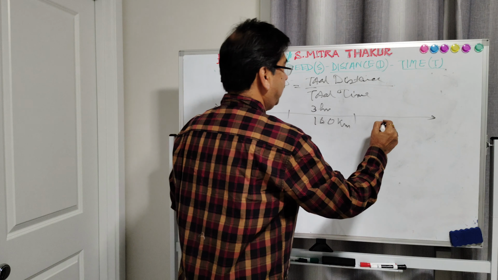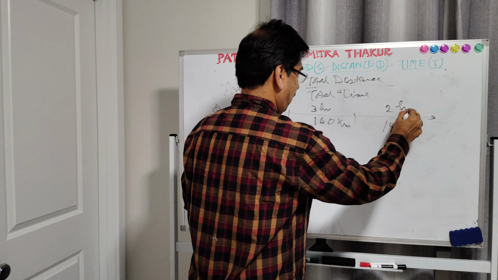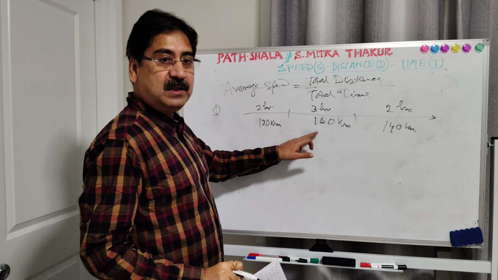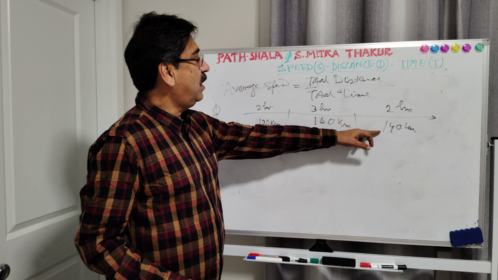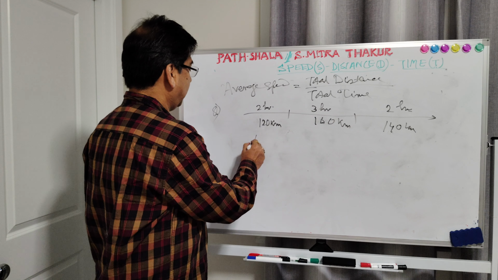And 140 kilometer in 2 hours. First 120 kilometer in 2 hours, 160 kilometer in 3 hours, then 140 kilometer in 2 hours. What will be the average speed?